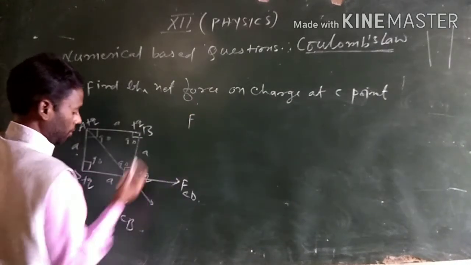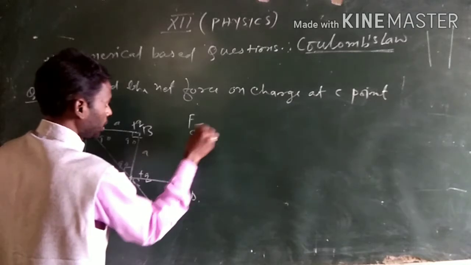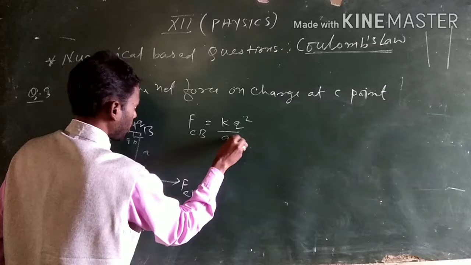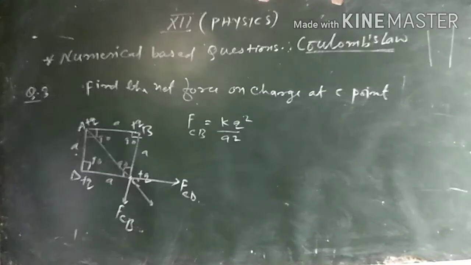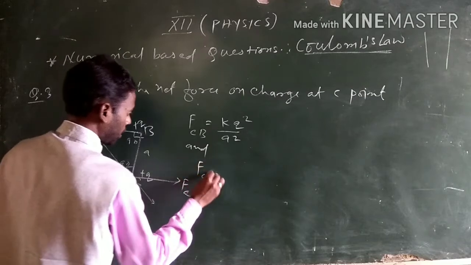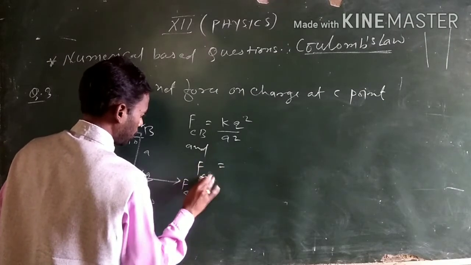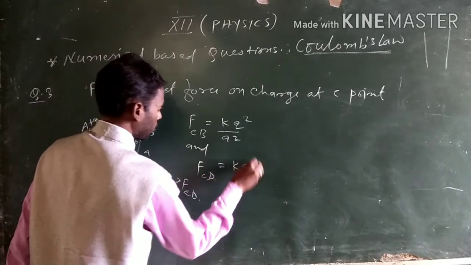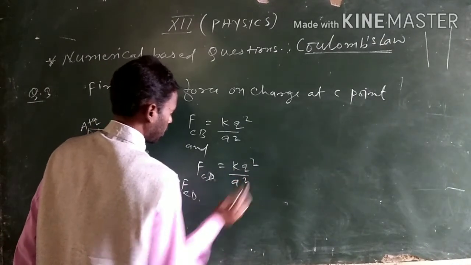Our force CB is equal to K Q square by A square. It will be the same. And FCD is equal to the same KQ square by A square.